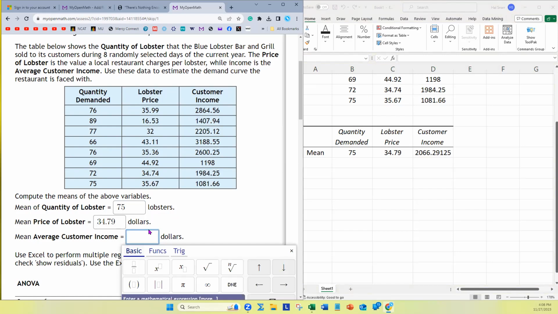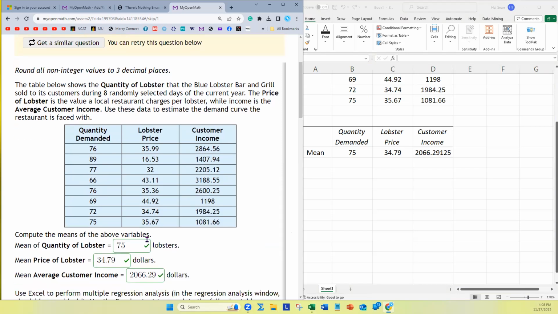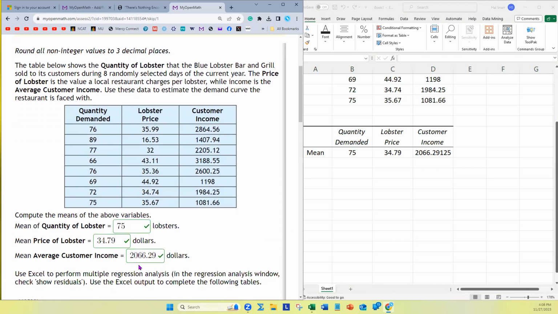And then mean customer income, $2,066.29. This is probably, now with inflation, like weekly income with all the inflation that we've had.